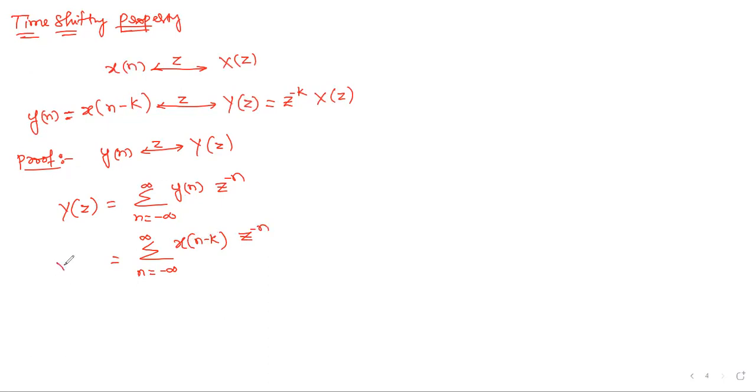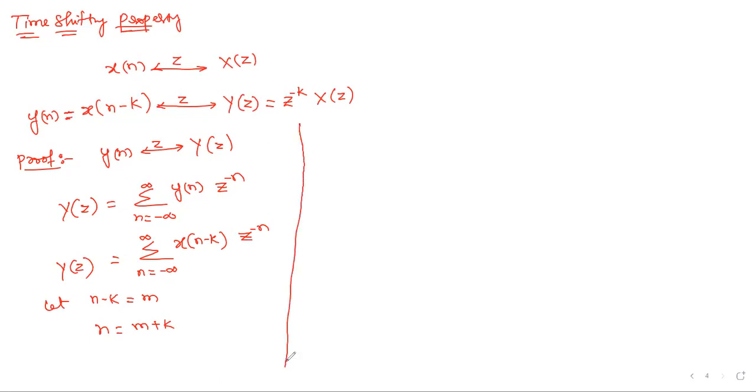Now this is y of z, right? Let n minus k be m. Then what is the n value? m plus k. Now what is the new limit? n minus k is m, which means the n limits will become m limits.